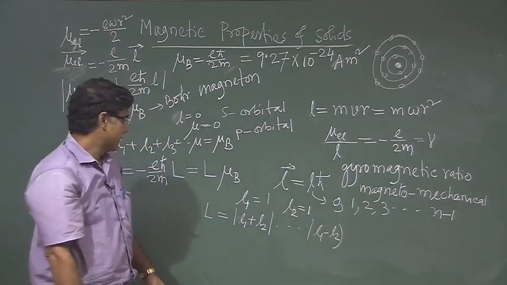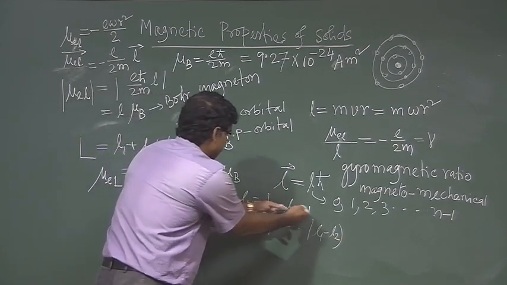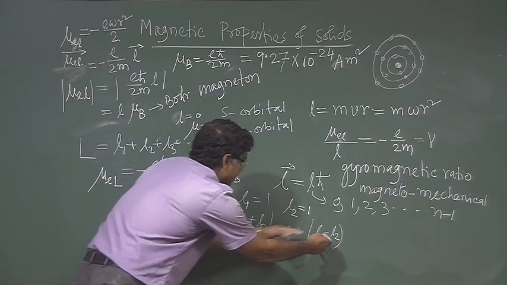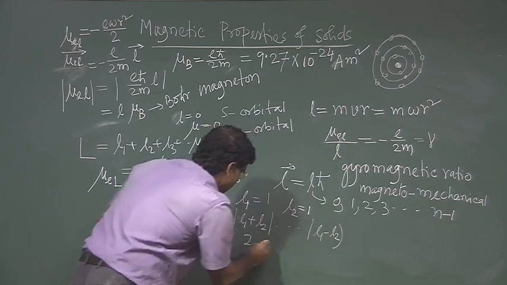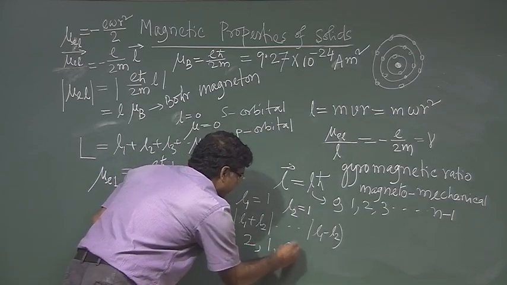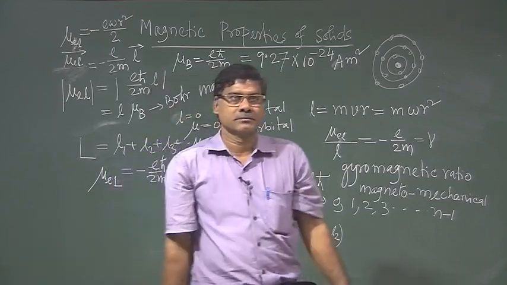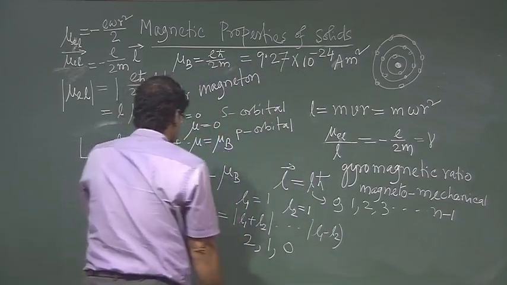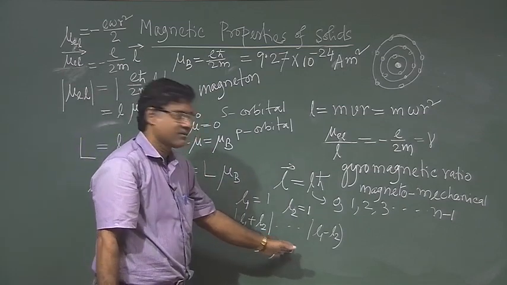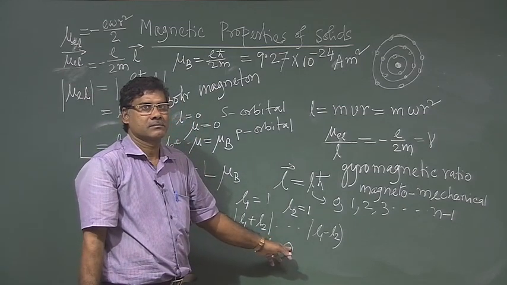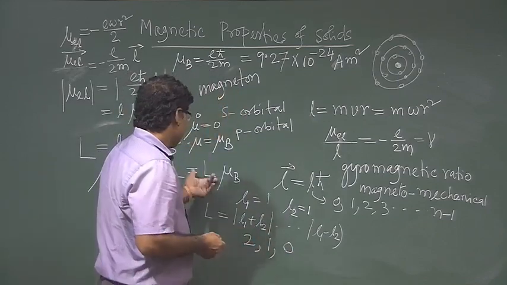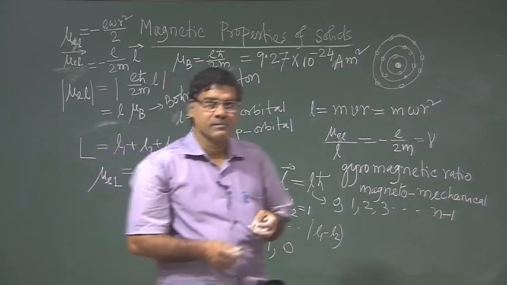Okay. So L1 plus L2 is 2, and L1 minus L2 is 0. So this L value will have 2, 1, 0. Okay. So the resultant L can have 2, it can have 1, it can have 0. Okay. So there are 3 possibilities.